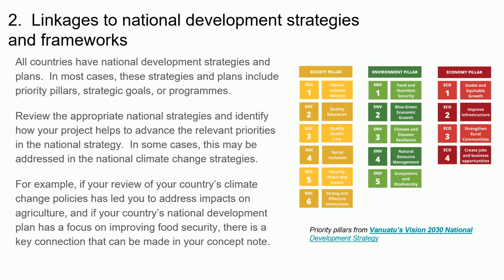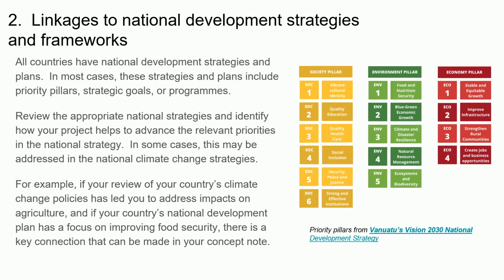So in some cases, this may be addressed in the national climate change strategies already. So for example, your National Adaptation Plan, your NAP, it may describe how the NAP is aligned with the National Development Strategy. But in case it doesn't, make sure that you are reviewing the National Development Strategy yourself.